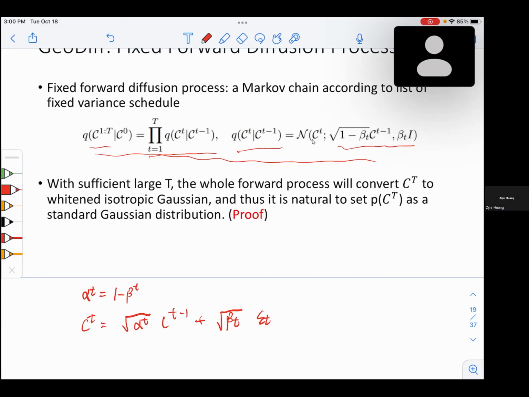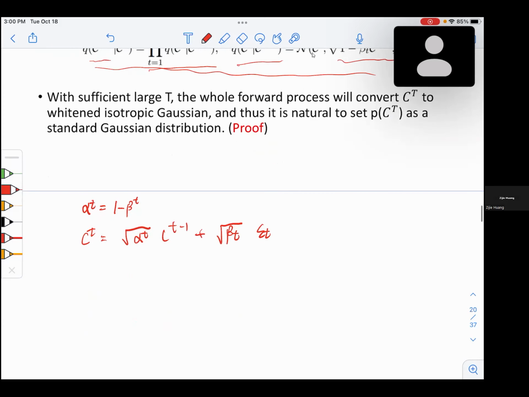This is because when we add two Gaussian distributions together, mu1 with variance theta 1 squared I and mu2 with variance theta 2 squared I, it gives us the addition of their locations and the addition of their variances.